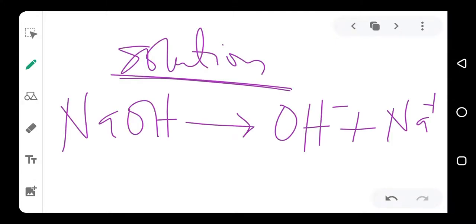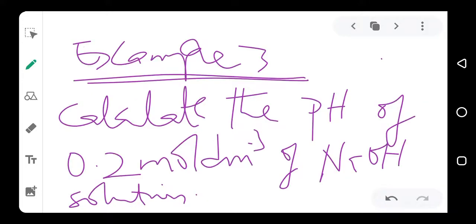Now we say that one sodium hydroxide produces one hydroxy ion. Therefore, 0.2 mole per dm cube of sodium hydroxide will produce how many hydroxy ion?